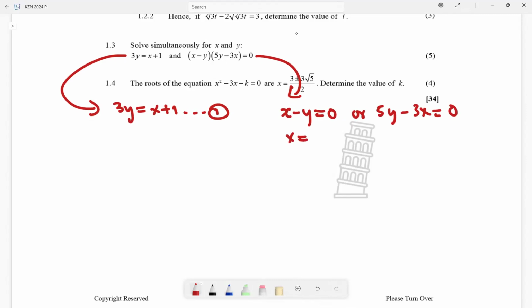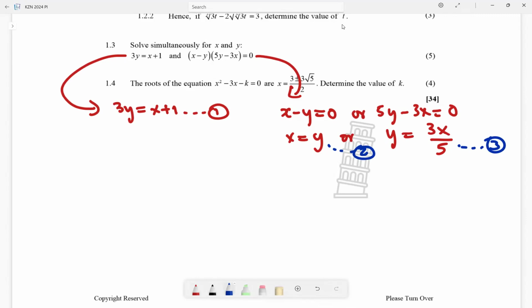So you can say x equals y, or when I want to solve for y or x, either way it's fine. Let me solve for y. It's going to be y equal to 3x divided by 5. So I can say x equals y is equation 2, and y equals 3x over 5 is equation 3.